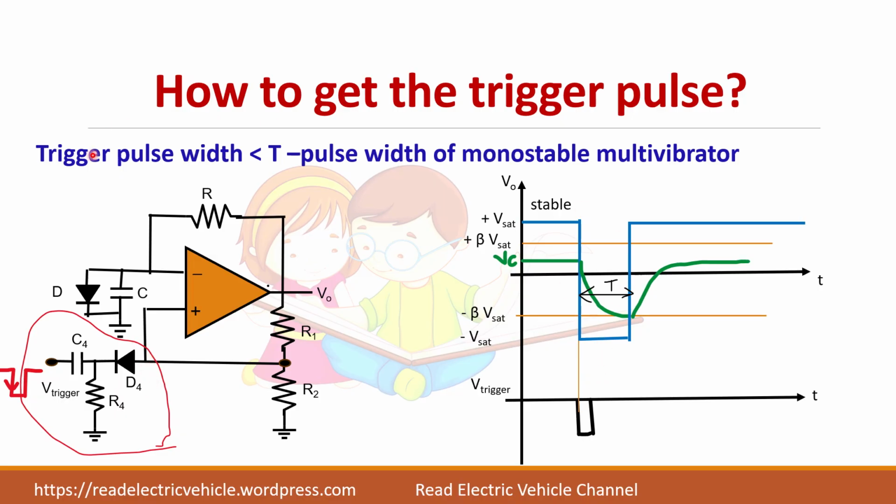And always make sure that this triggering pulse width is very small compared to the pulse width of the monostable multivibrator, T. The capital T refers to the quasi-stable state period.